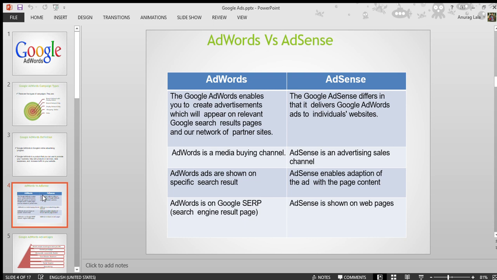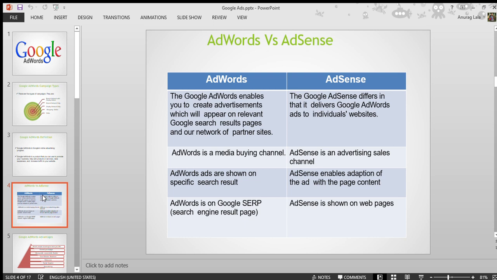I would like to repeat, Google AdWords is a program with the help of which you as a business, as an individual, as an entrepreneur, as a company can promote your products and services across Google. You can show people an advertisement saying, I am promoting this product, I am selling this product, you can purchase it from me.